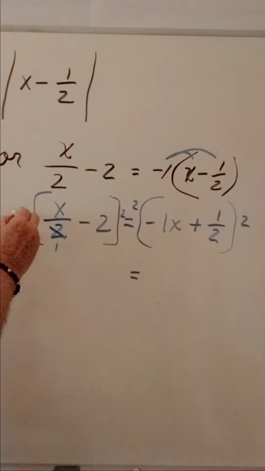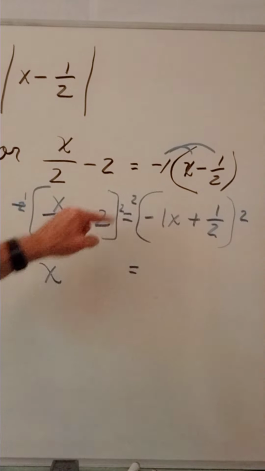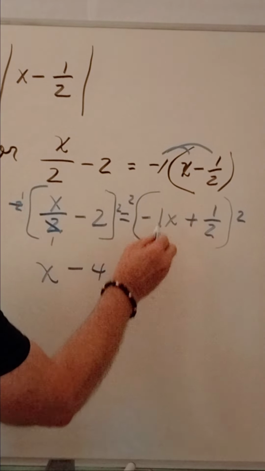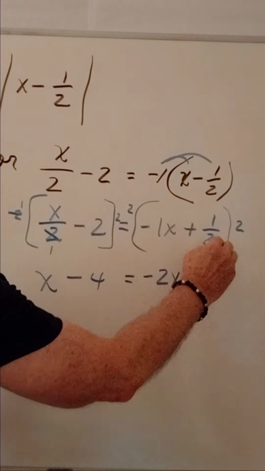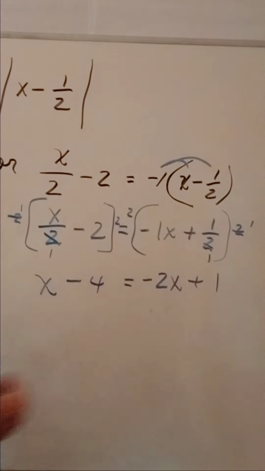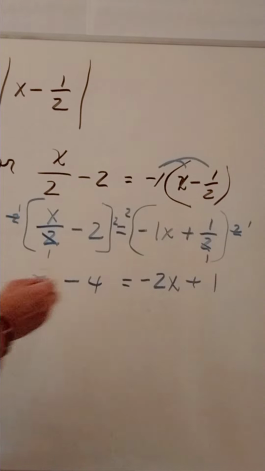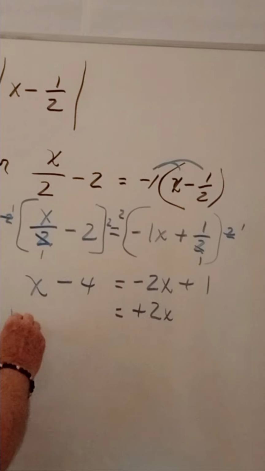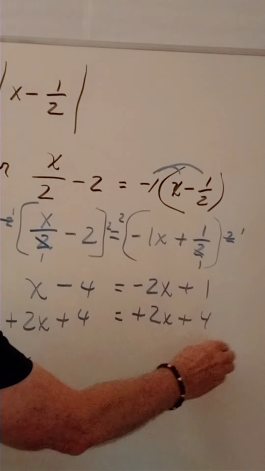Goodbye. Bring in the x. -2 times 2. Here, 2 times -1x, a -2x. Over here, be positive. That's a 1, that's a 1, and he is 1. I believe I'd move that -2x over to the left and move that -4 over to the right. +2x, +2x, +4, +4.